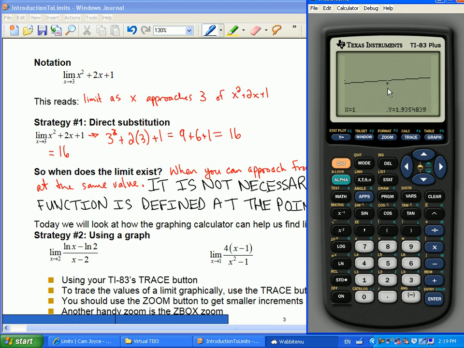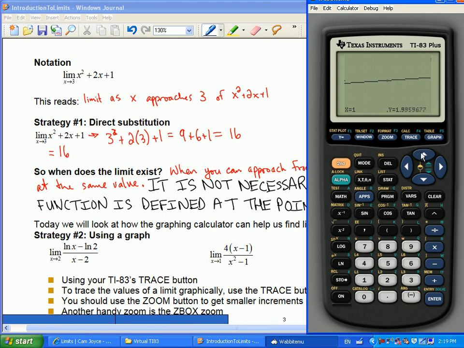So here, you don't actually have to go to this value where the arrow is pointing. It's not defined there. Everything you've learned so far in math is still true. It is not defined at that point. But a limit is a new thing which says, you don't have to touch that point. Instead, all you have to do is approach from one side, and this is where I would end up.